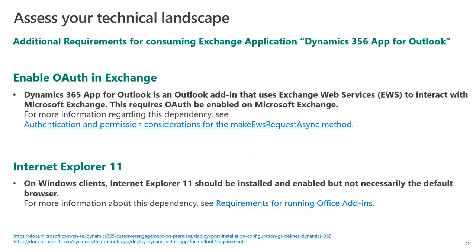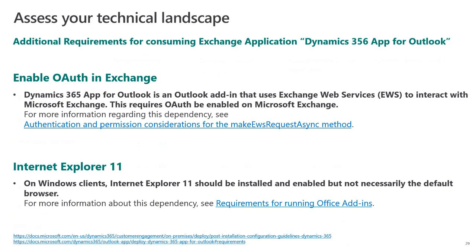For some additional requirements for consuming the Exchange application, you need to enable OAuth authentication in Exchange, and you also need to make sure that Internet Explorer 11 is installed. It doesn't need to be the default browser, of course, but it needs to be installed.